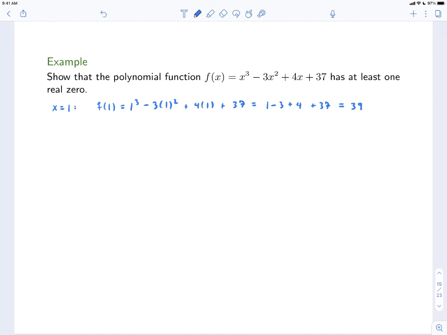Okay, what if we pick, say, x equals negative 3. So f of negative 3 is equal to negative 3 cubed minus 3 times negative 3 squared plus 4 times negative 3 plus 37. Now this might seem difficult to compute.